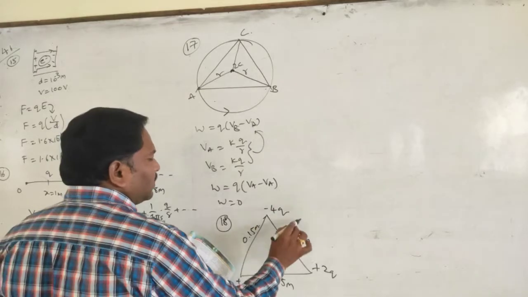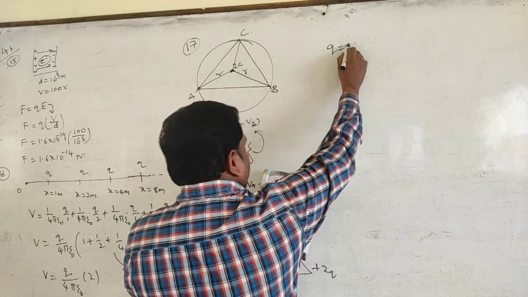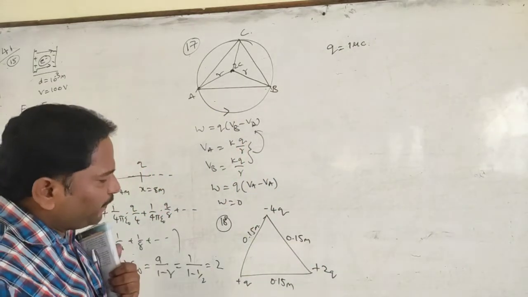Charge q is equal to 1 microcoulomb. Then find the potential energy of the system.